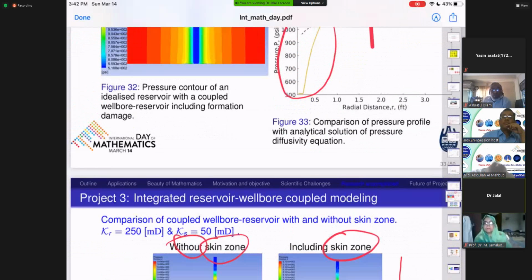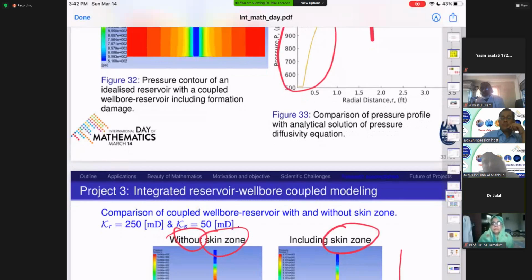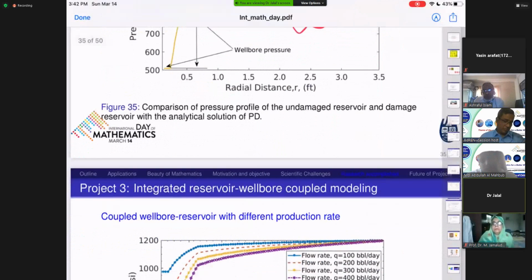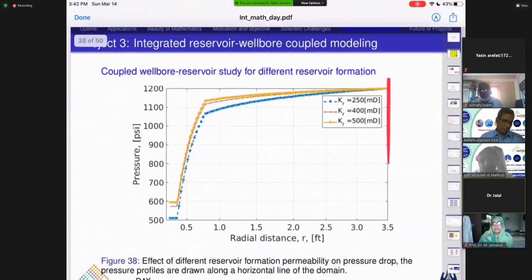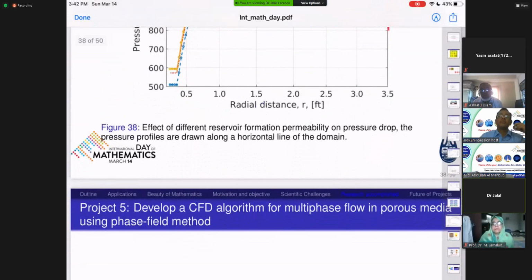I didn't show any equation here because of the time limitation. If you Google my paper, you will see, or if you're interested, I can send you the full paper so that you can look at how I included all the features of the reservoir in the Navier-Stokes equation.